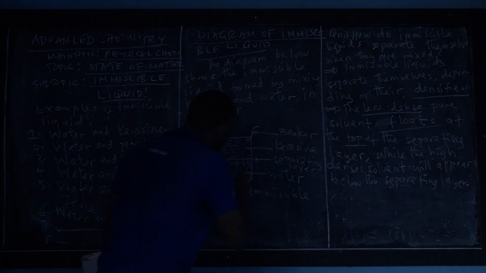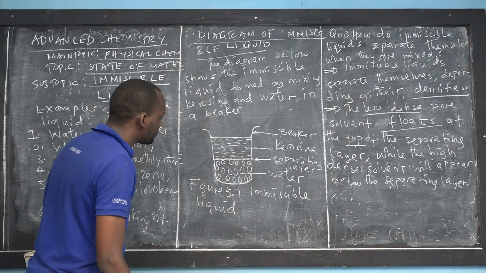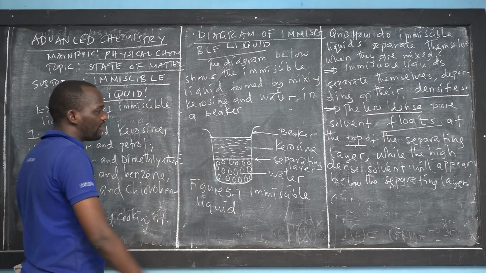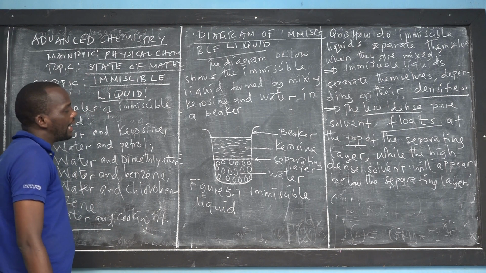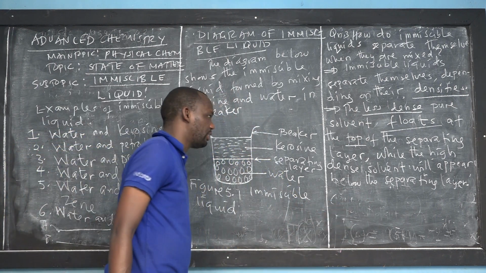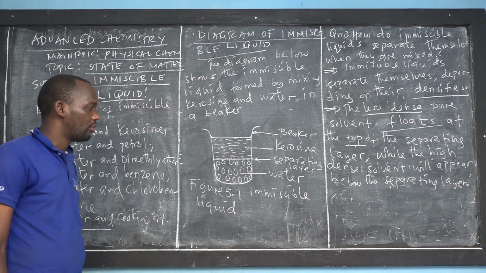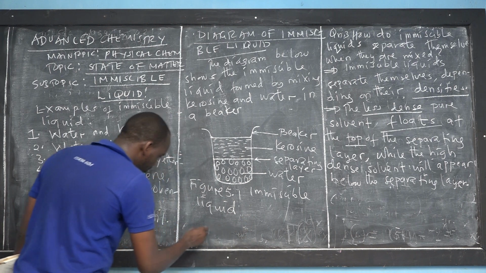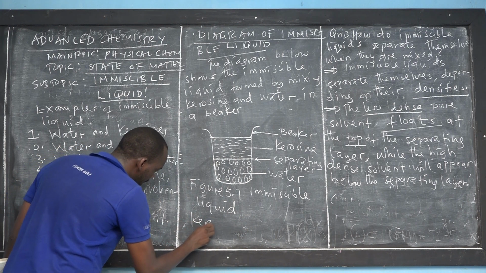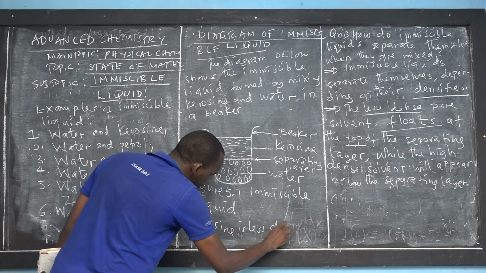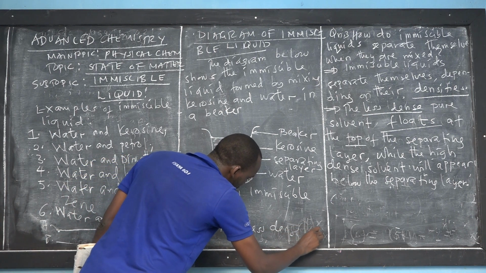Interesting. So according to this fact that I've explained about the densities of pure solvents, we say that kerosene is less dense than water.